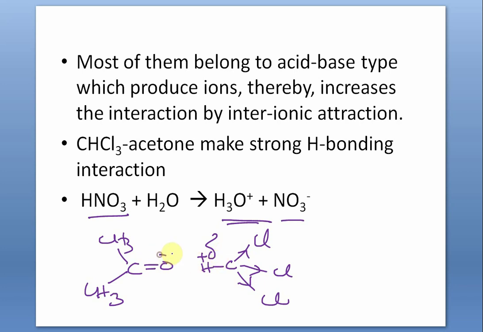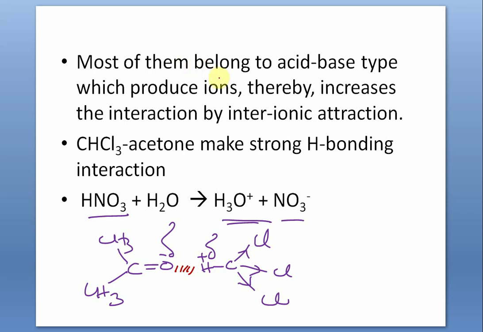And so also here there is a partial negative charge and there is a strong interaction. We can brand it as a hydrogen bonding interaction. Because of the strong hydrogen bonding interaction, when the two mix, chloroform and acetone, that produces negative deviation. The vapor pressure is reduced as less vapor escapes from the surface because of greater intermolecular attraction.